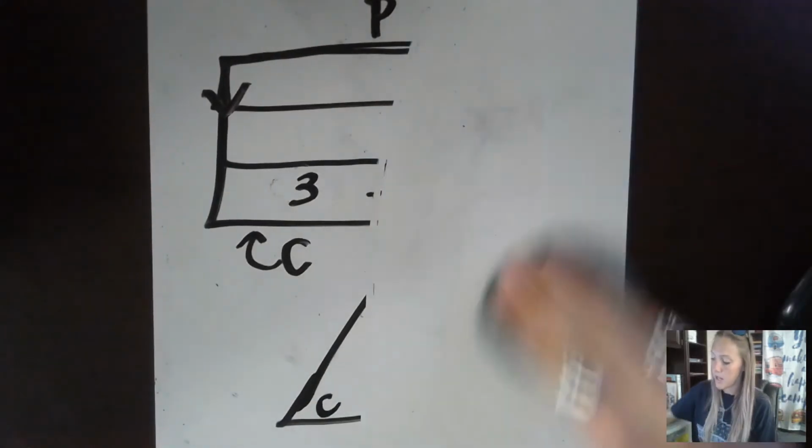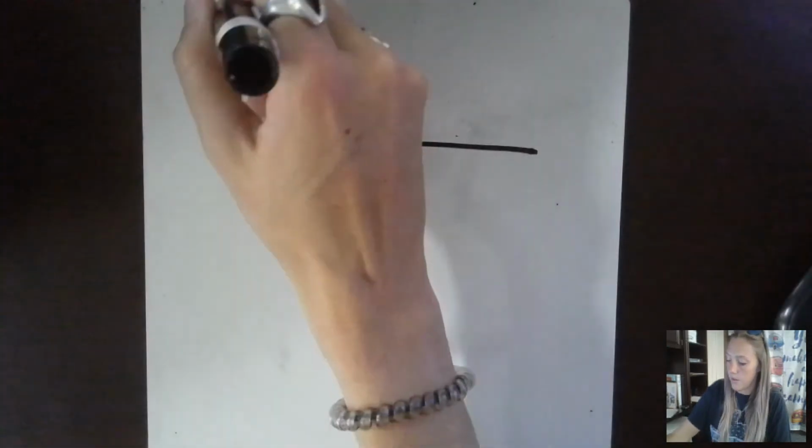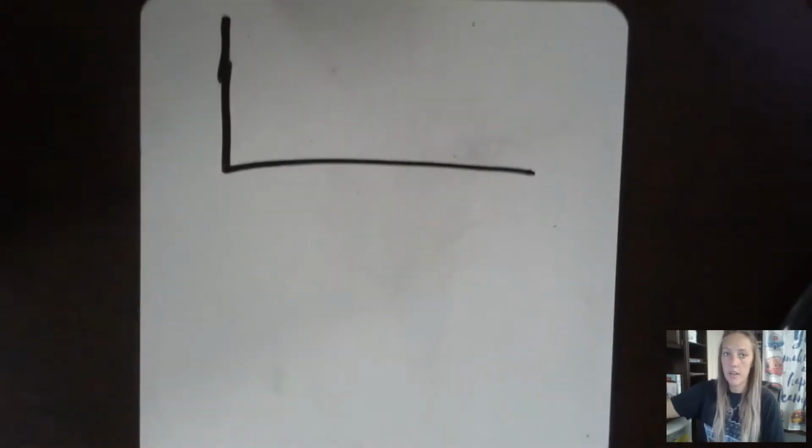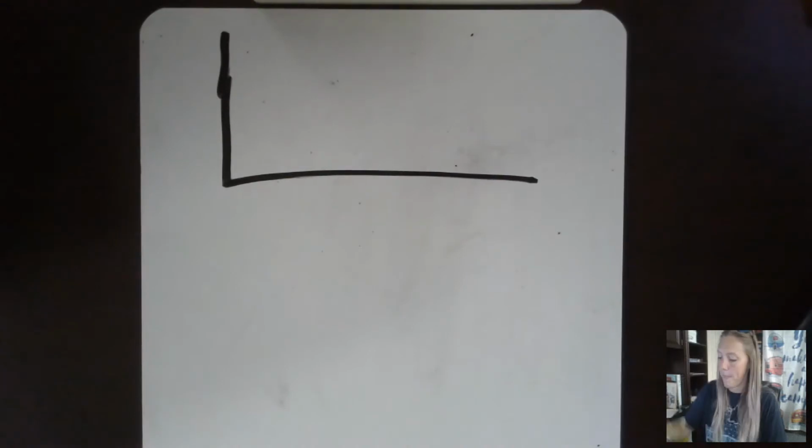So now I'm going to give you some numbers in a part whole format, and then I'm going to show you a really neat way to add and subtract double-digit numbers. Okay, so I'm going to make this a little bit bigger so you can see it.